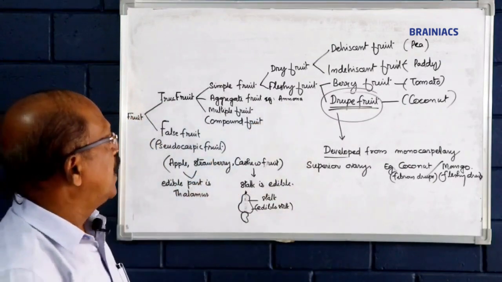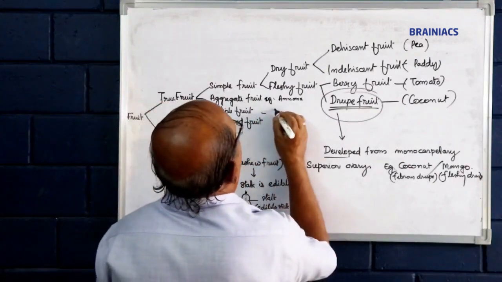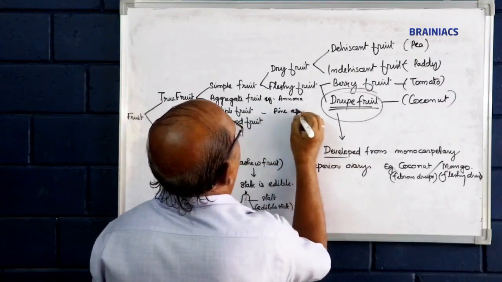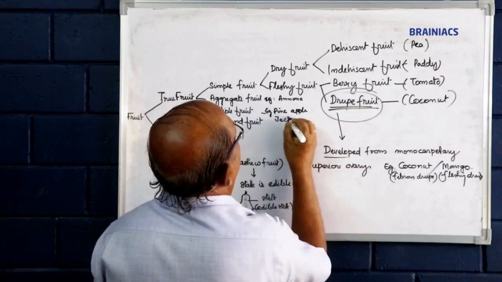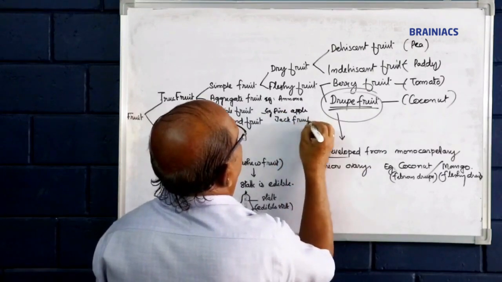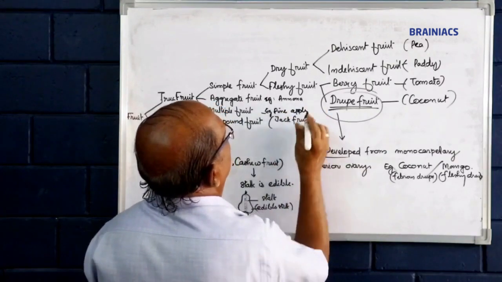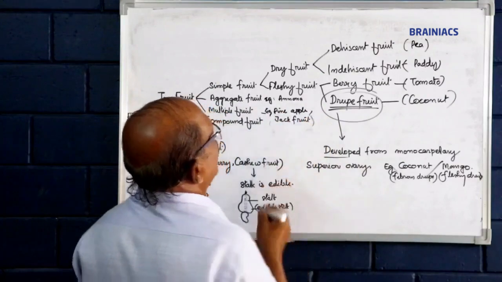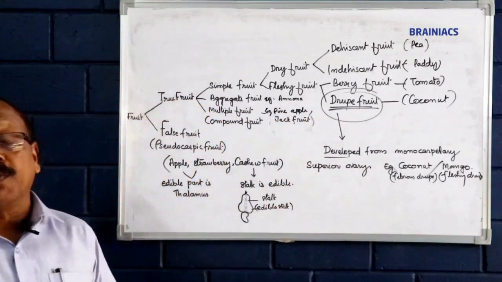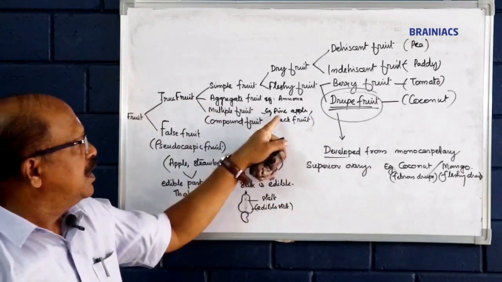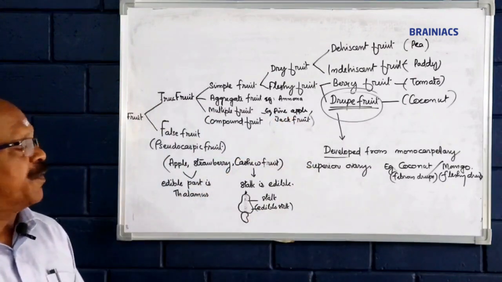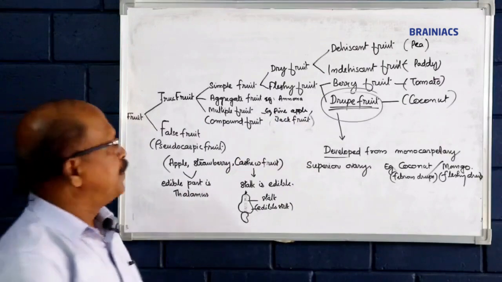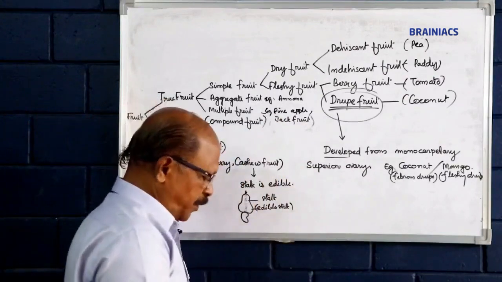Multiple fruit: pineapple, jackfruit. Here an inflorescence becomes fruit. That is pineapple and jackfruit, examples for multiple fruit or compound fruits.